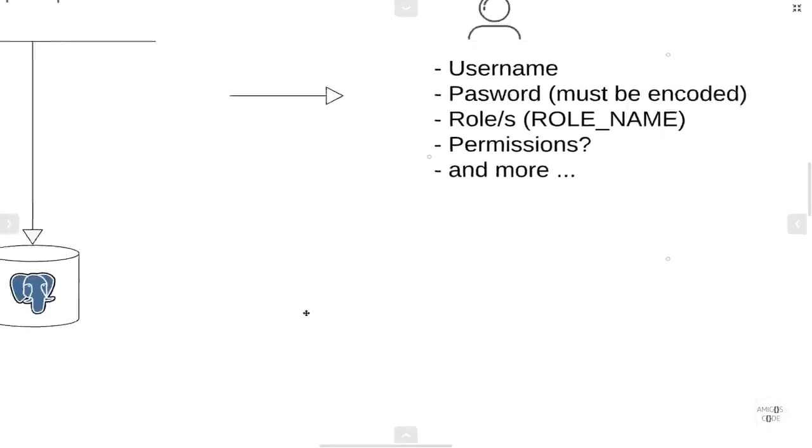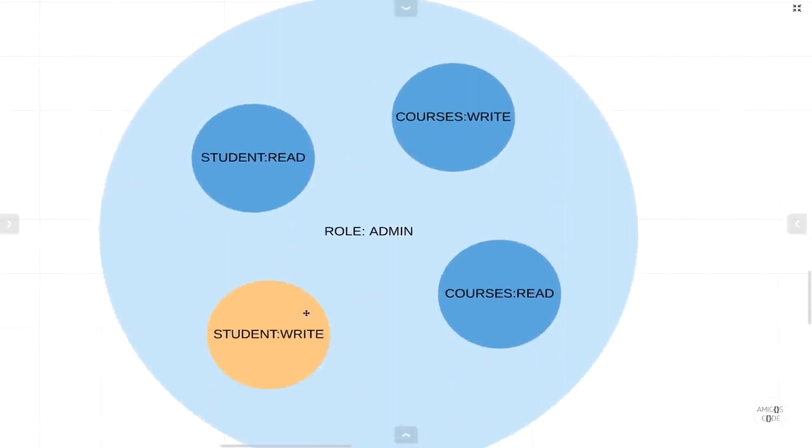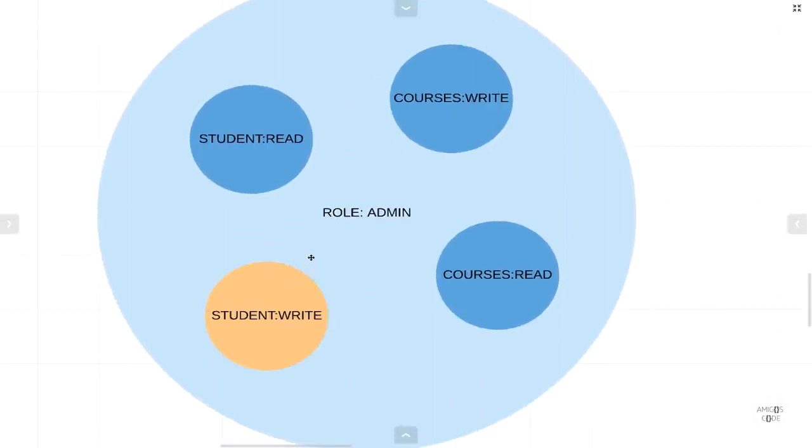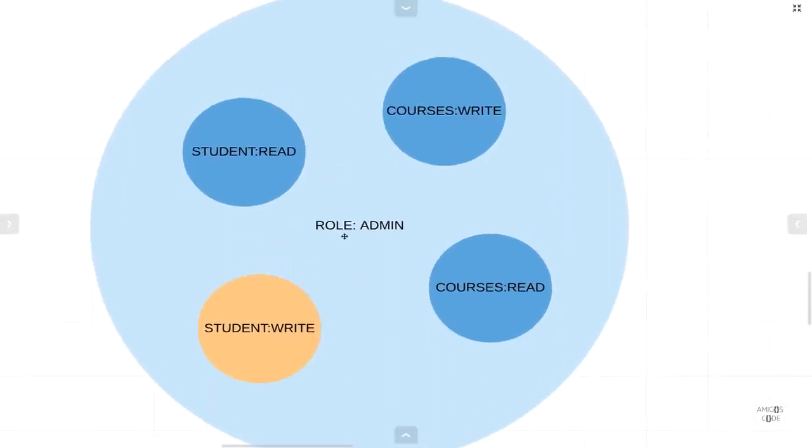So let me show you the actual diagram, and this will make complete sense to you. Right here, you can see that I do have a role called admin. And then these ones right here, student read, courses write, student write, and courses read, these are the permissions.